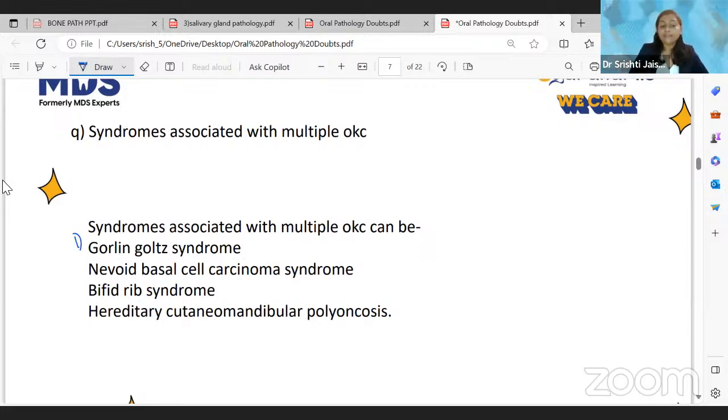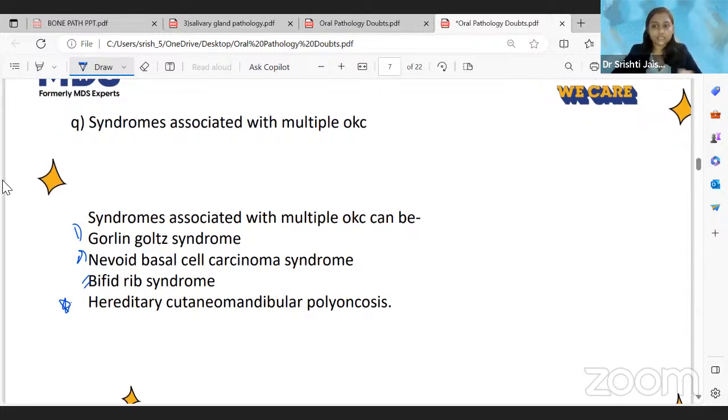We have Gorlin-Goltz syndrome, also called nevoid basal cell carcinoma syndrome, bifid rib syndrome, and, very important, it is a common tendency that we miss this point, it also includes hereditary cutaneomandibular polyoncosis syndrome. Very, very important.